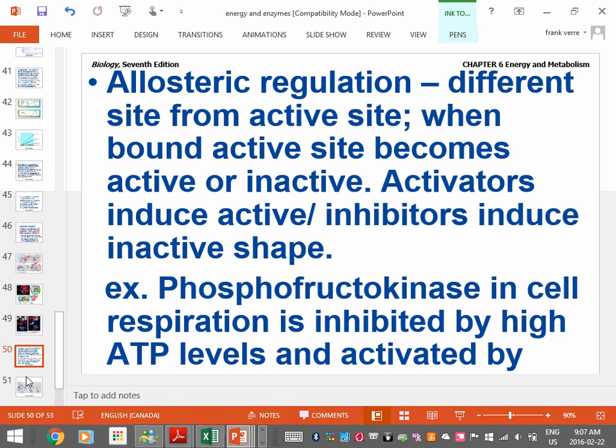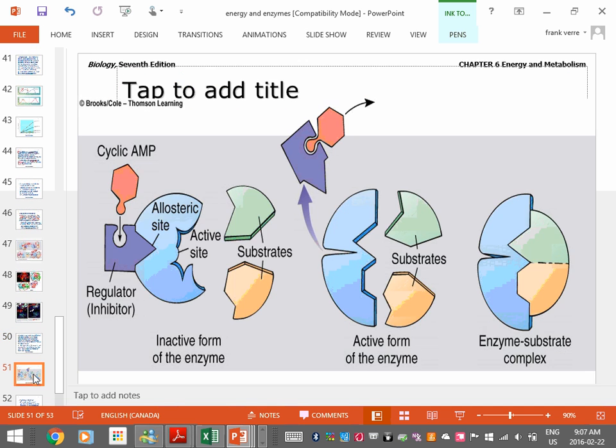I'm going to show you something called allosteric regulation. Okay? Now, I'm going to show you this picture here. And you're going to be like, this looks exactly the same as non-competitive, right? I see a molecule, and I see that it sits somewhere that's not the active site.